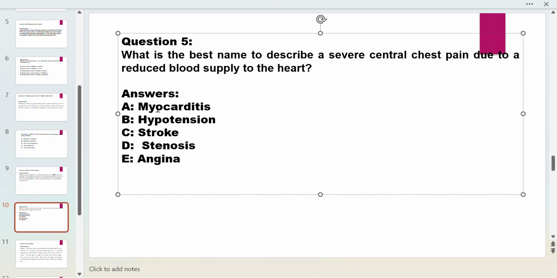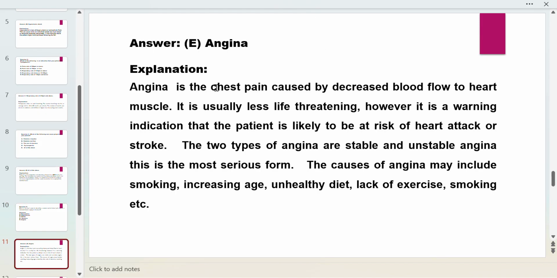And it says A, myocarditis, B, hypotension, C, stroke, D, stenosis, and E, angina. So the answer says E, angina.